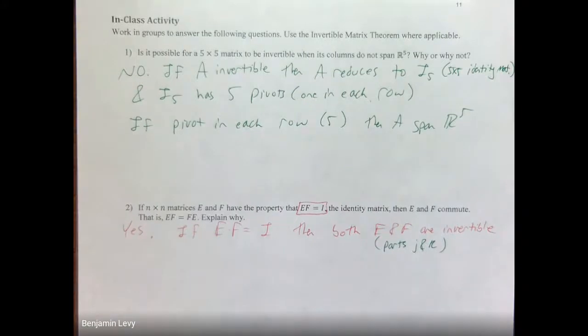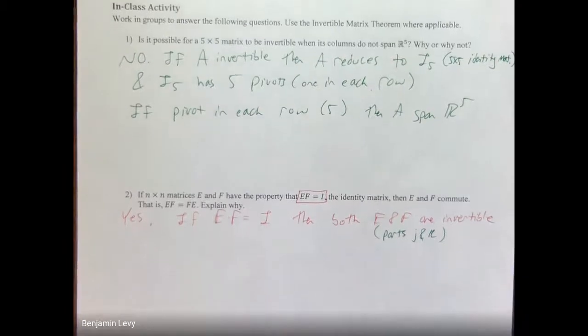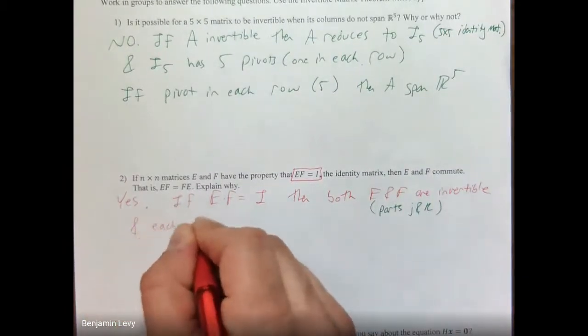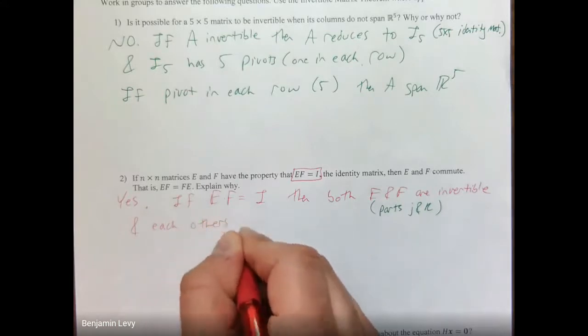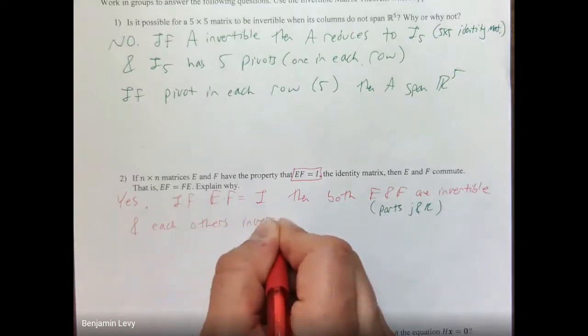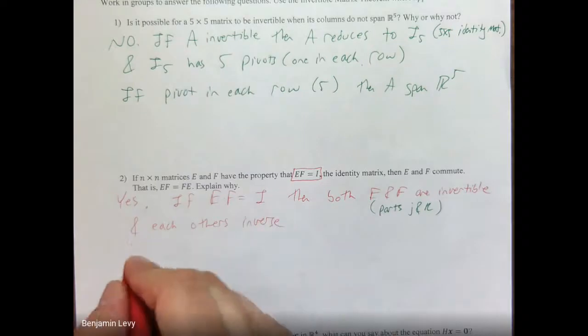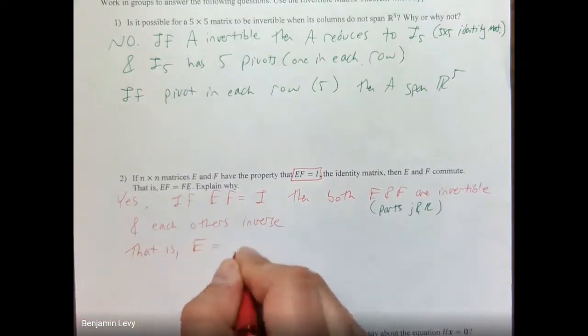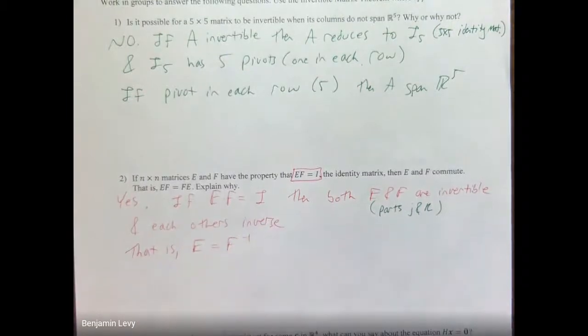And not only are they both invertible, they're each other's inverse because you can multiply them together and get the identity matrix. In other words, E is F inverse.